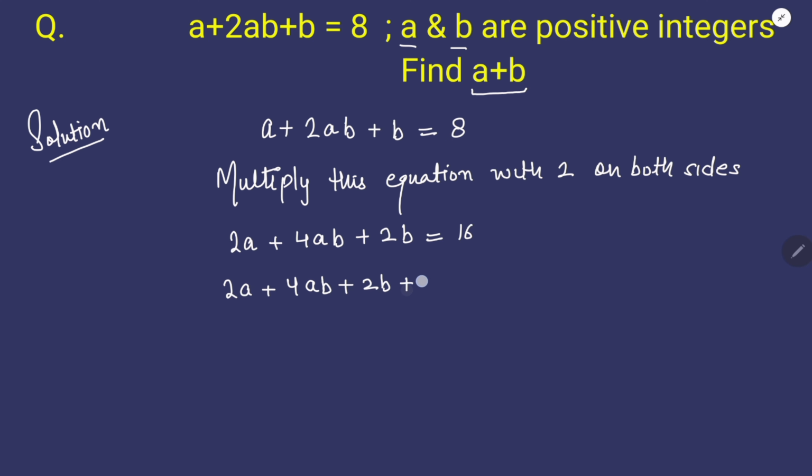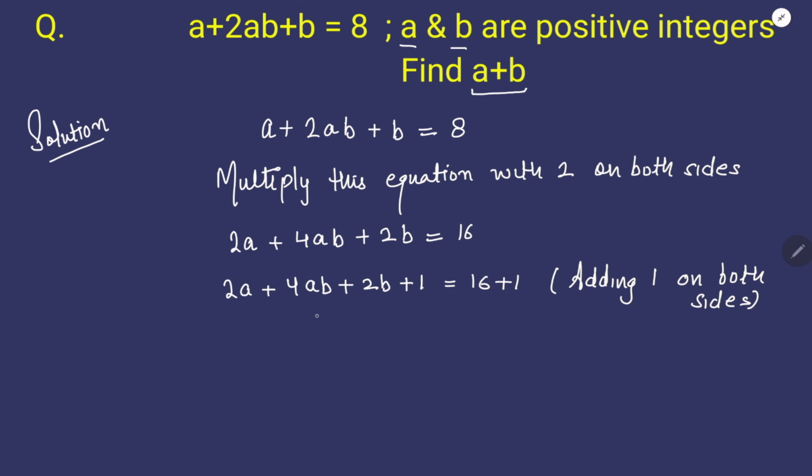Now I will just add 1 on both sides. Whatever we are doing, multiplying or adding, if we are doing it on both sides of the equal sign, that won't affect the equation, right?